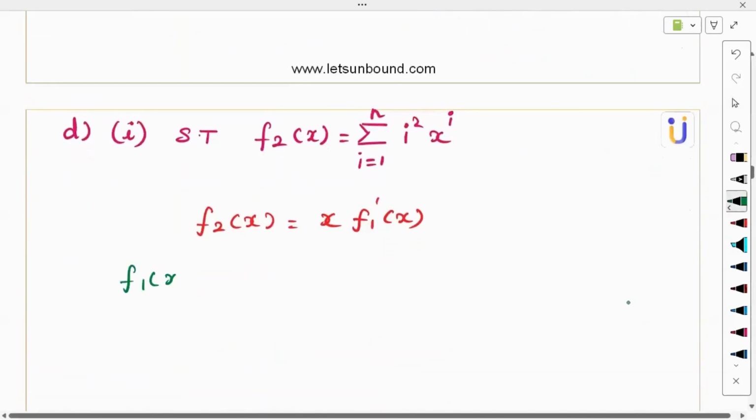F1 of x is x plus 2x square plus 3x cube and so on plus n x power n. This is very easy to memorize. Okay, let me differentiate this.